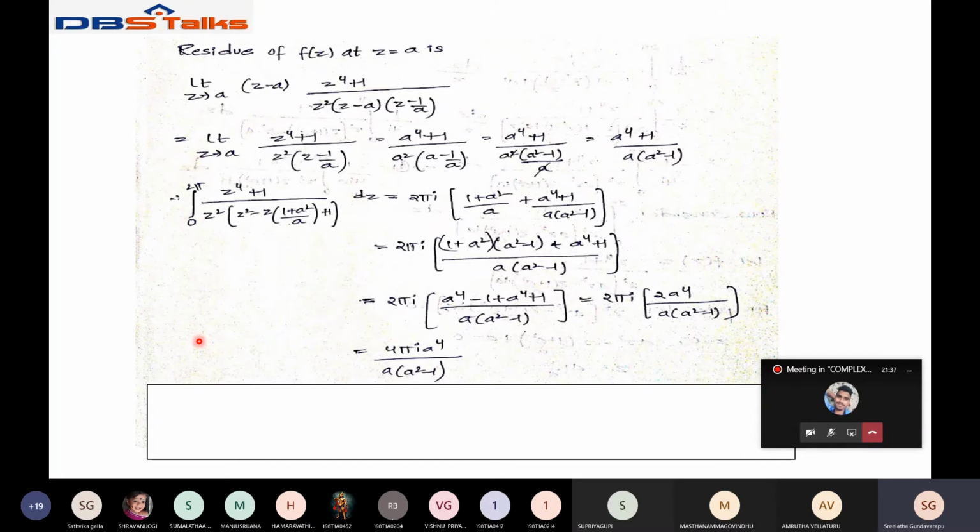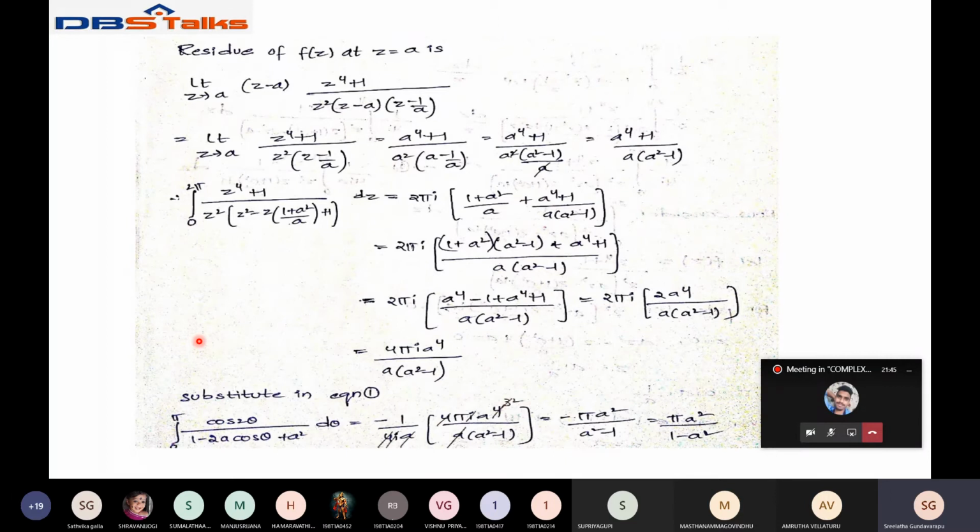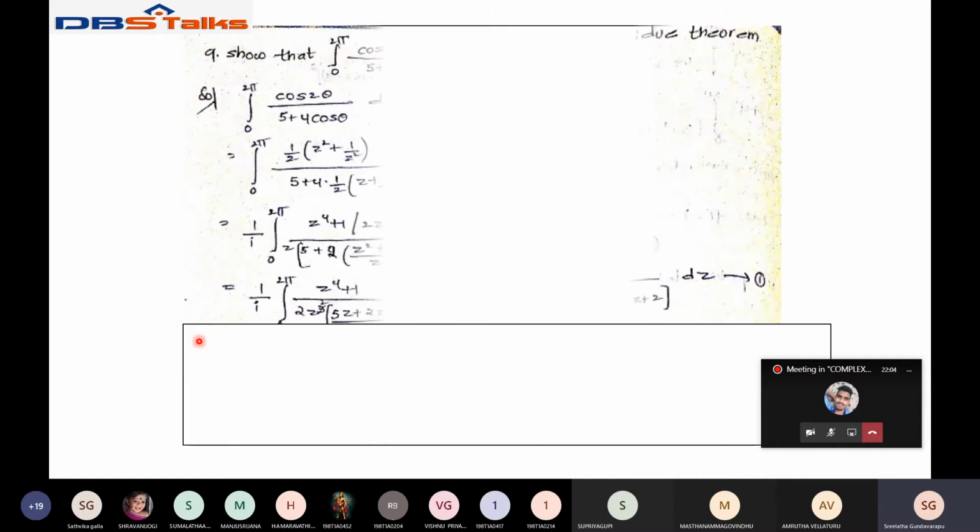So after calculation we get 4 pi i into a power 4 by a into a square minus 1. So substitute in equation 1, integral 0 to pi cos 2 theta by 1 minus 2a cos theta plus a square d theta equal to minus 1 by 4ia into 4 pi i a power 4 by a into a square minus 1. After cancellation, pi a square by 1 minus a square.